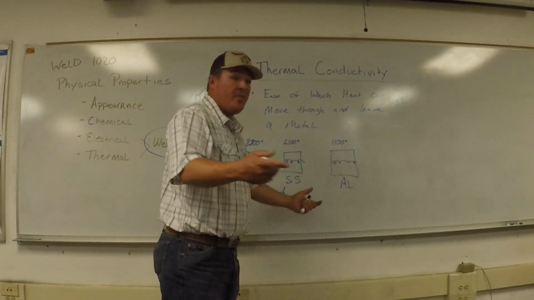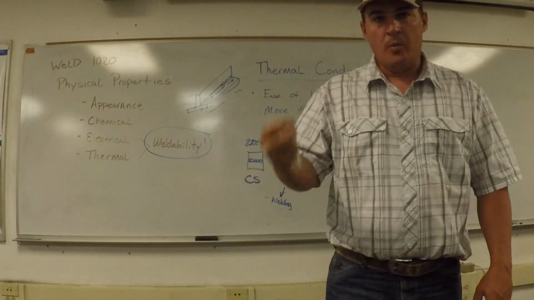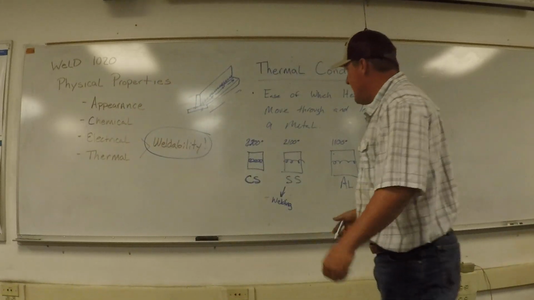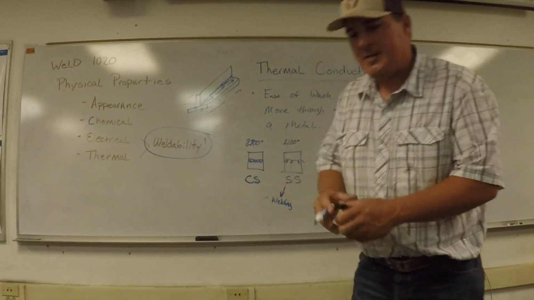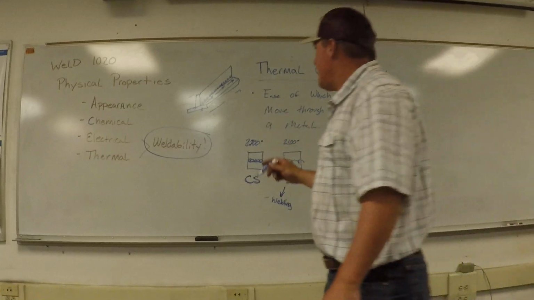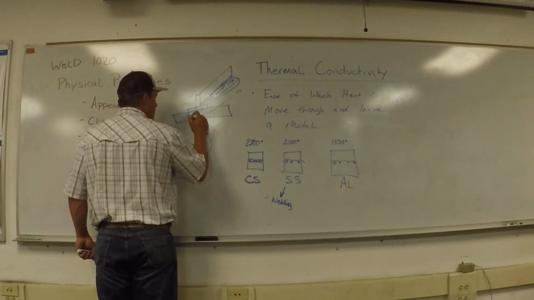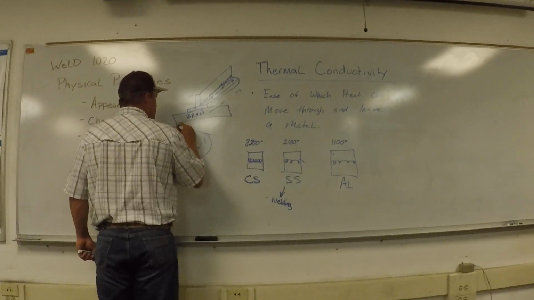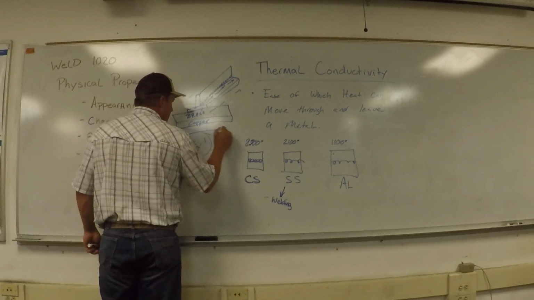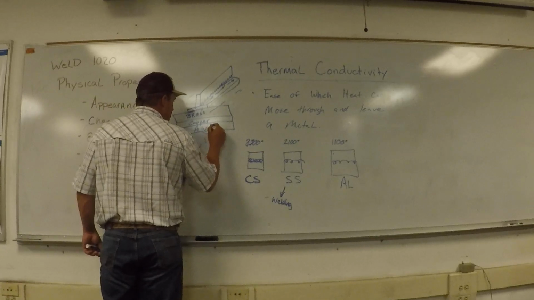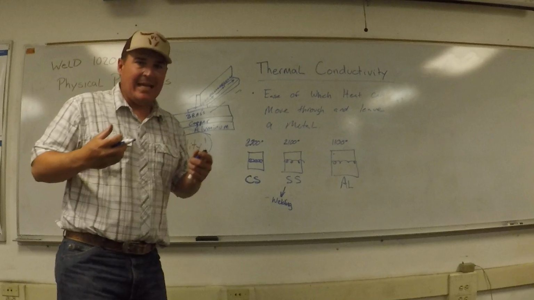Then, what they may do is they may use a part that sucks and absorbs heat really well, right? So if I say, I want to weld this T-joint and I have to do it a very specific way, then I will set this T-joint on maybe a piece of brass. Some people use copper, and if you want to be just cheap and it'll work, aluminum. All of those suck up heat really well. They're like a magnet to heat.